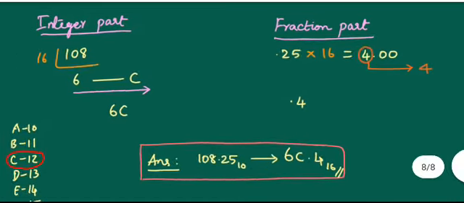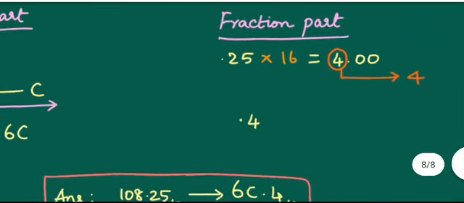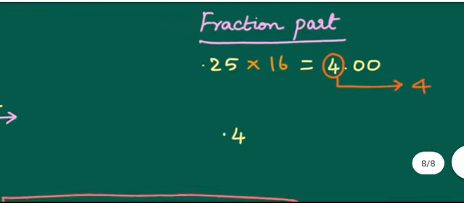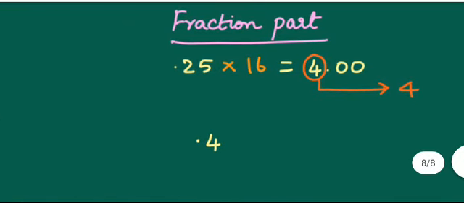Coming to the fraction part, 0.25. I multiply 0.25 by 16 and get 4. Here 4 is the integer part and the fraction part is 0, so further multiplication is not possible; even if you multiply you will get 0 only.